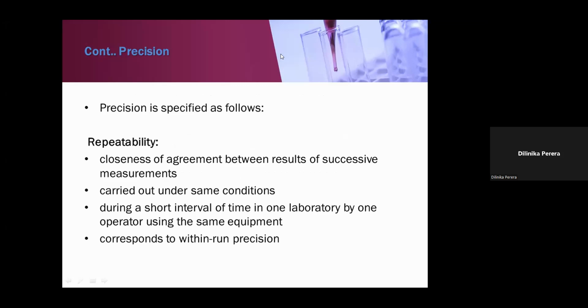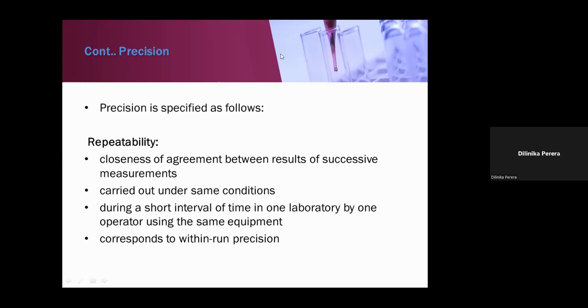Precision is specified in two categories, repeatability and reproducibility. Repeatability is the closeness of agreement between results of successive measurements carried out under the same conditions during a short interval of time in one laboratory, possibly by one operator using the same equipment.